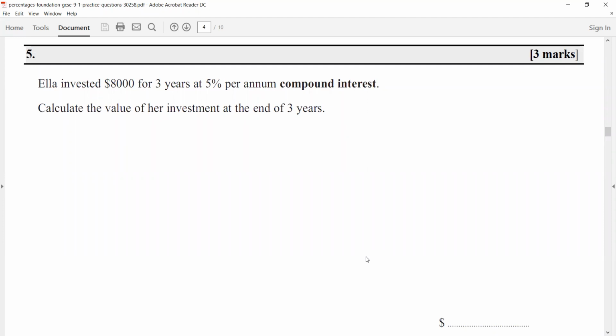So for example, in the first year, you would work out 5% of £8,000. But then in the second year, you'd work out your new 5% on your new amount of money that's either outstanding or whatever's in there.